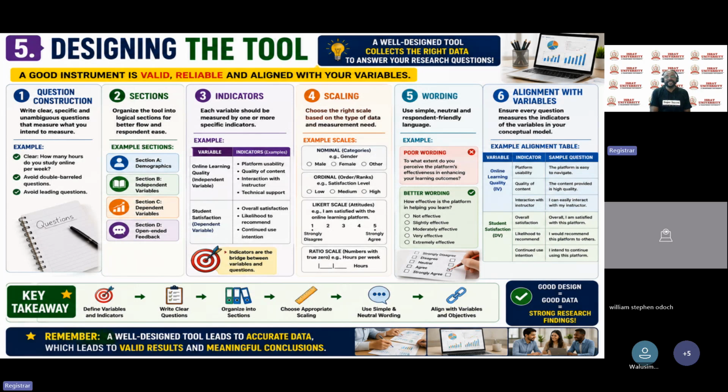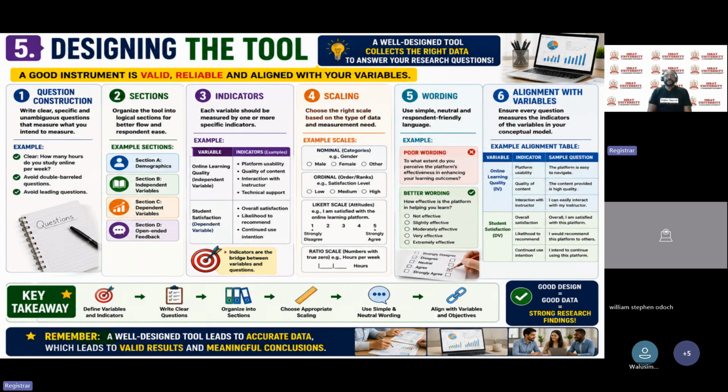So the key takeaway is: define the variables, and once you have drafted your tool, align it with the variables and objectives. Thus the data you collect through these variables are really indicators of what the variables represent.